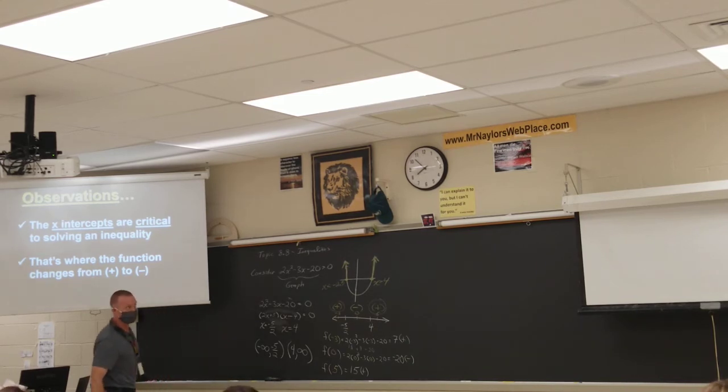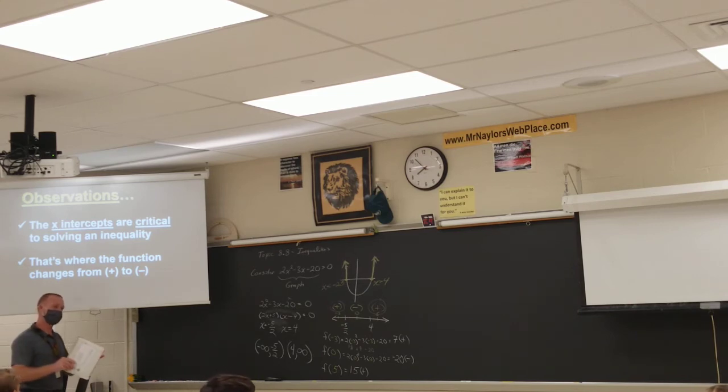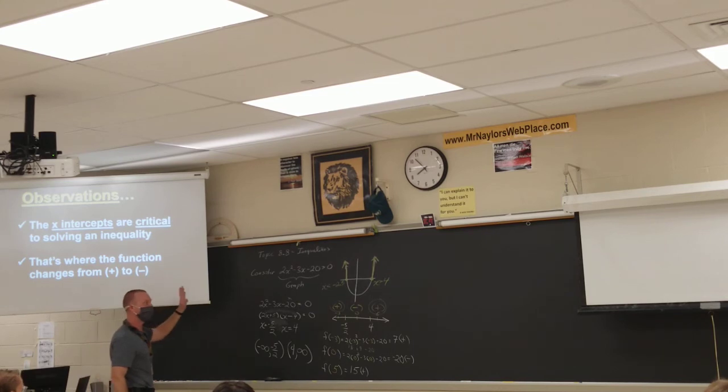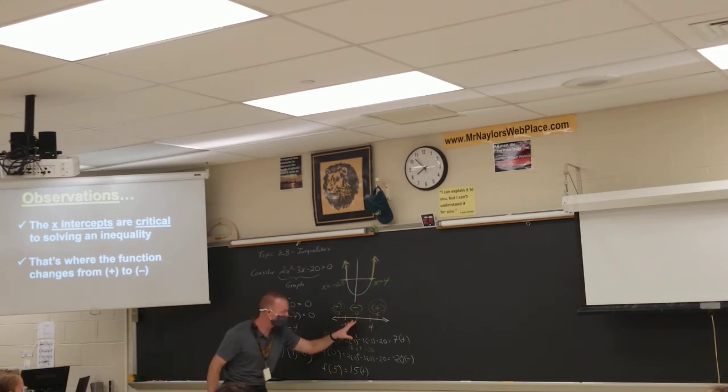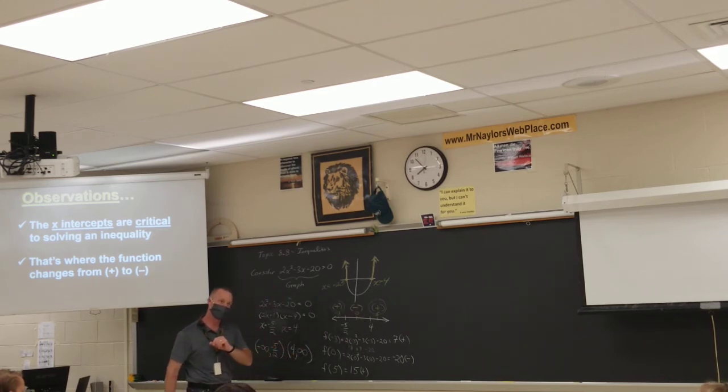It's a number line approach. And it works because we know that the x-intercepts, now listen to this, are the only places where something could change from positive to negative. Again, you don't have to worry that there's some other number in here that's going to give us a positive or negative change. It's always going to be these critical points, the x-intercepts.